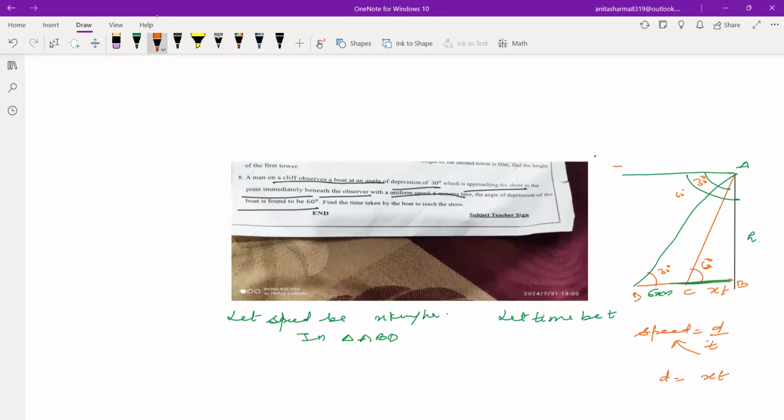Yes, ma'am. So you will write tan 30 will be equal to h upon xt.